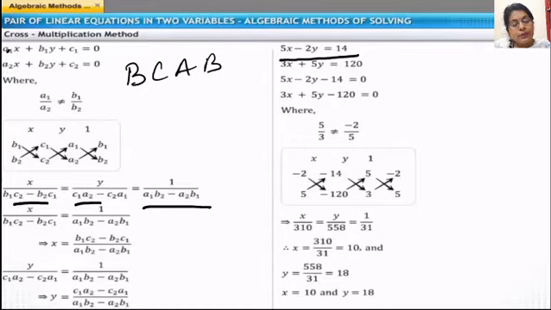Then this is B1, B2, C1 minus 14 and minus 120, and then this is 5, 3. Again we write B, and B will be repeated again, minus 2 and 5.